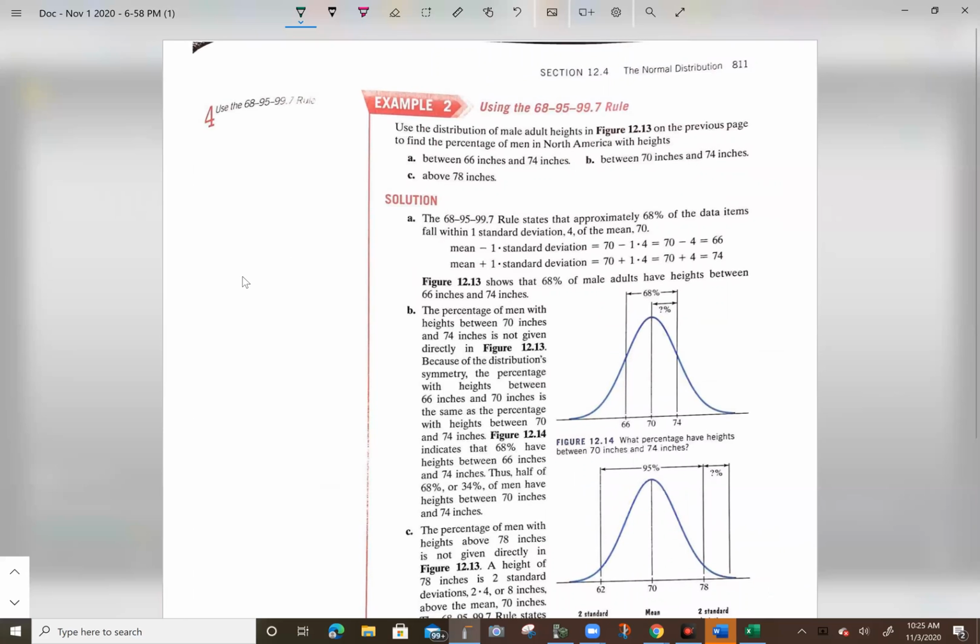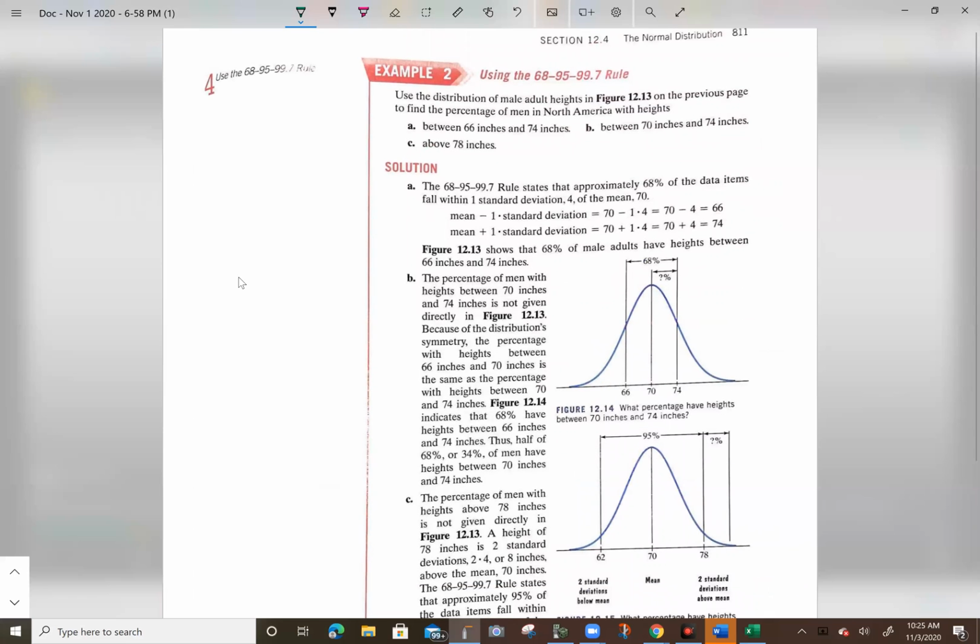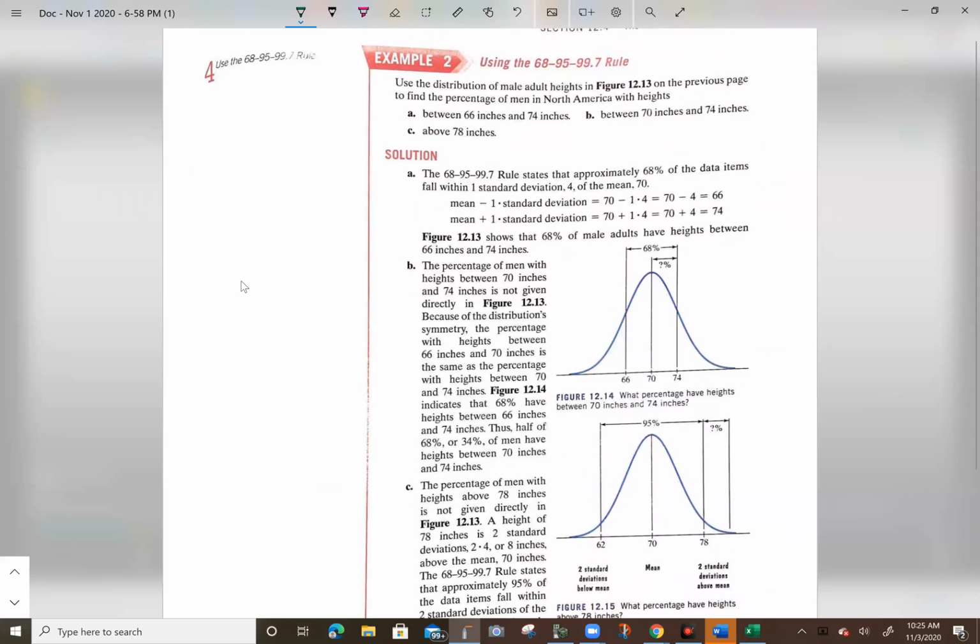All right, so use the distribution of male adult heights on the previous page to find the percentage of men in North America with heights between 66 and 74. So that means, and they did it right here, 66 is -1 standard deviation, 74 is +1, and that's part of that rule. That means 68% fall within those two.